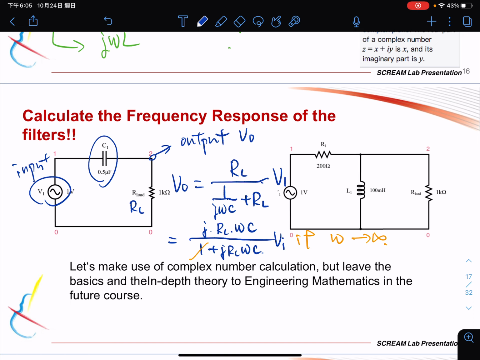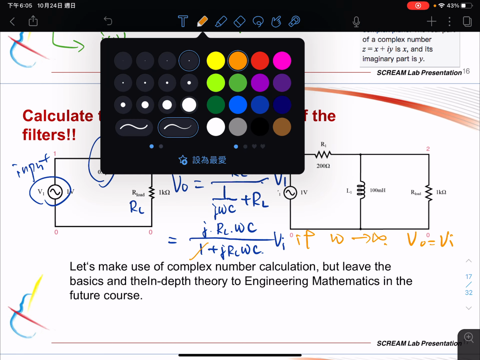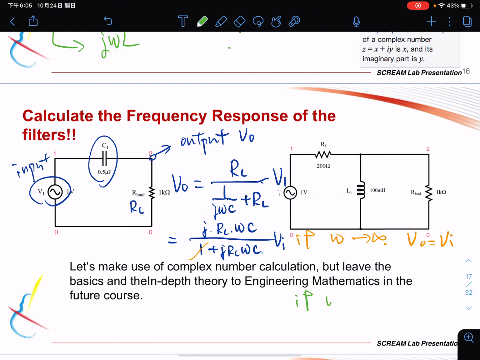So if omega goes to infinity, then we know that the V out will be equal to V in, right? But on the contrary, if omega goes to 0, then because this goes to 0 and this goes to 0, and we have 1 here, the V out will be equal to 0.